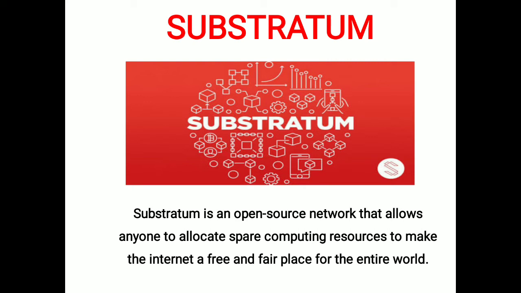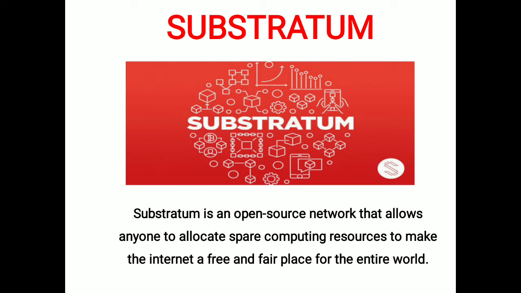If we talk about the real motive of Substratum, it is an open source network that allows anyone to allocate spare computing resources to make the internet a free and fair place for the entire world. In short, they are attempting to create the foundation of the decentralized internet through the introduction of decentralized servers.